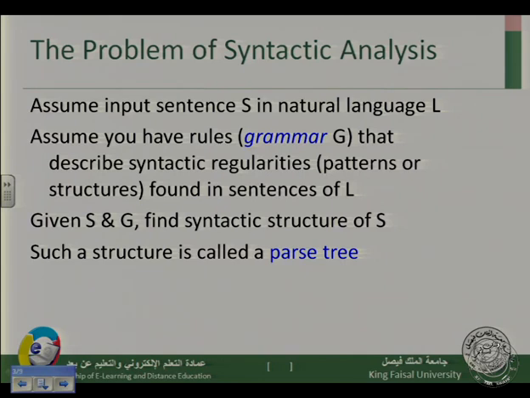How do we divide the sentence? Through what is called a parsing tree. Parse is in Arabic al-i'rab, but in computational linguistics, it's very important. You have all of these sets of codes for the computer, so the computer would understand them.